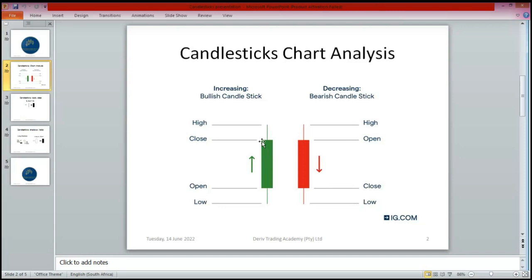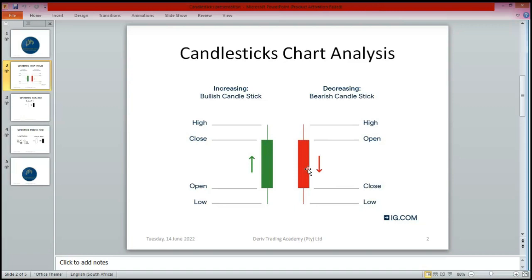The red candlestick here represents a bearish candlestick, meaning the market was decreasing on this particular time frame. I hope we already know what a time frame is.